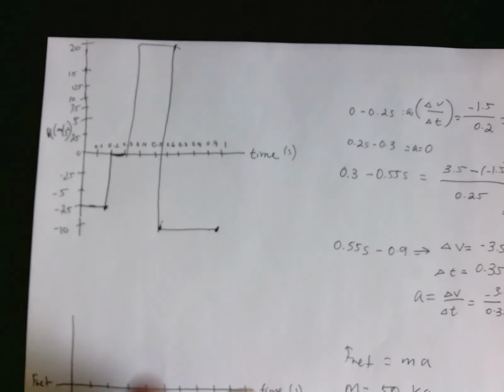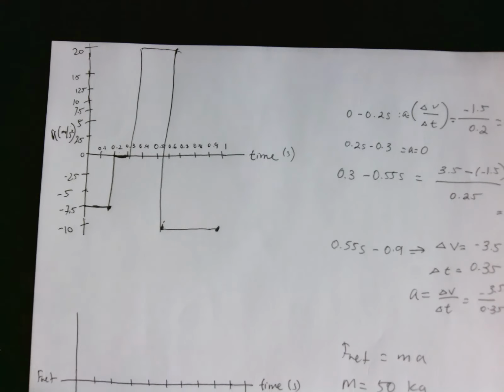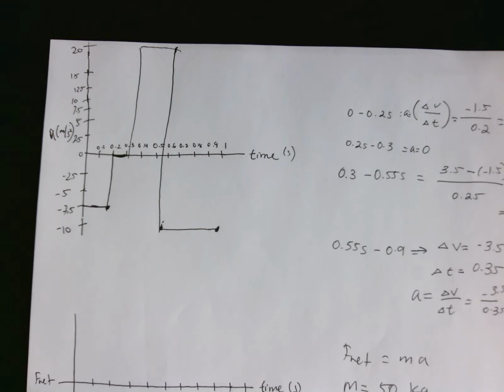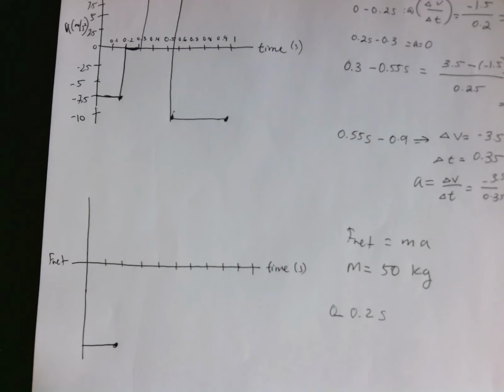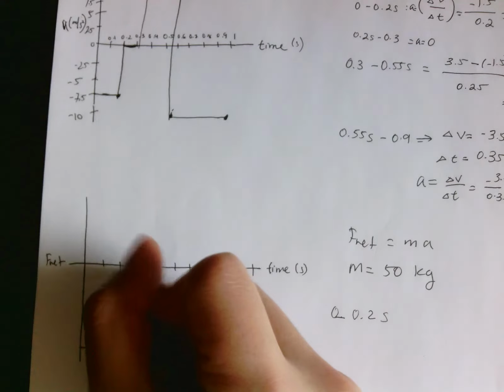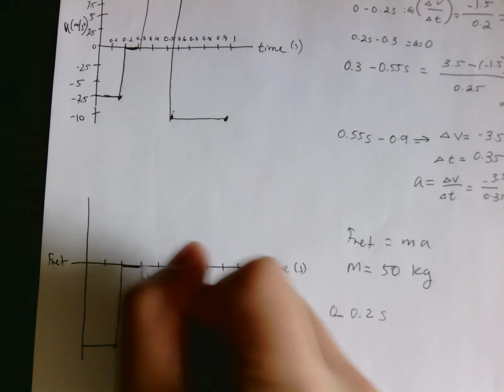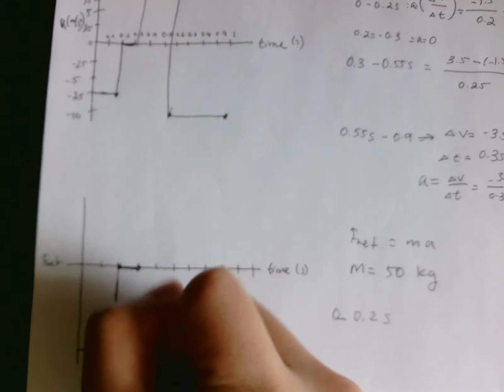So if we go from the labels, from 0 to 0.2, it's going to be negative here. And then from 0.2 to 0.3, it's going to be 0 again, because that's what we saw from the acceleration graph.